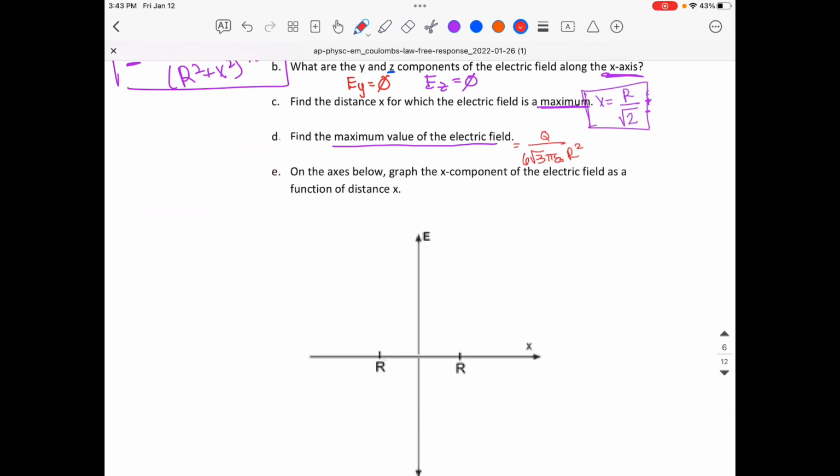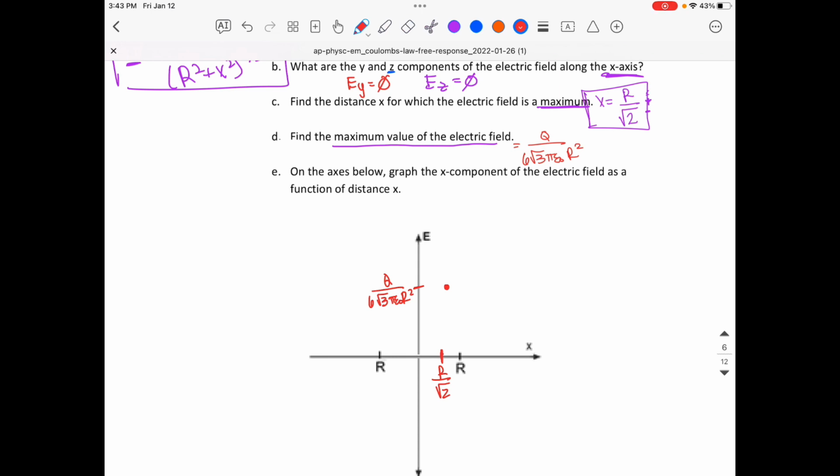Okay, so first thing we want to do is R over root 2 is maybe somewhere around here. And we've got some value, and all the values are positive. So we're going to have some value here of Q over 6 root 3 pi epsilon naught R squared.